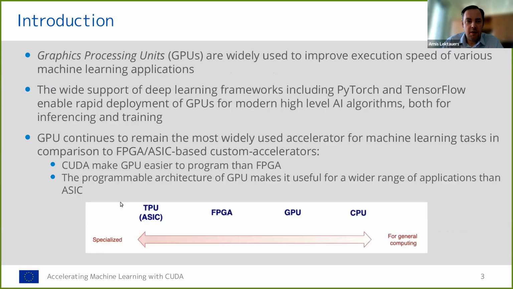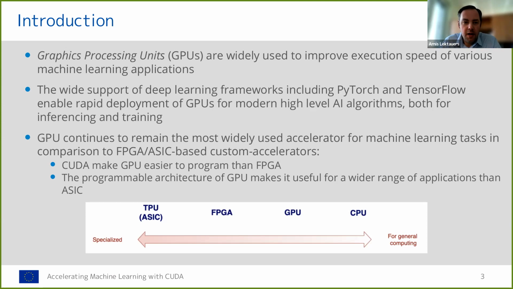And let's start with an introduction. As you know, graphics processing units, or GPUs, are widely used to improve execution speed of various machine learning and especially deep learning applications within the last 10 years, since the introduction of, for example, AlexNet in 2012.